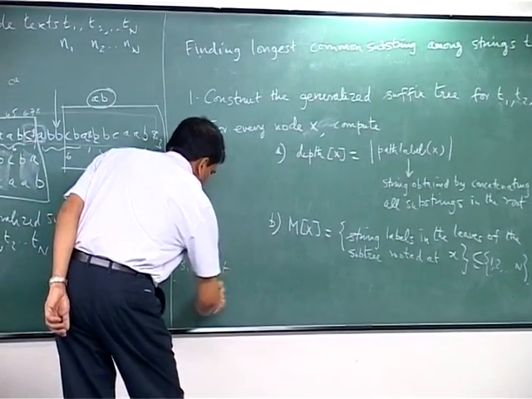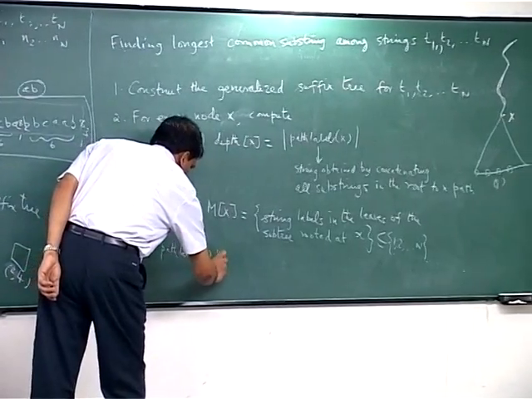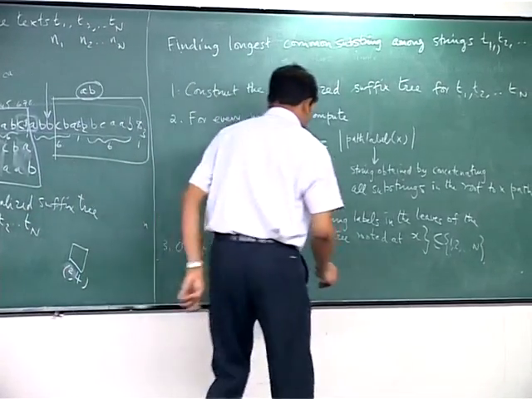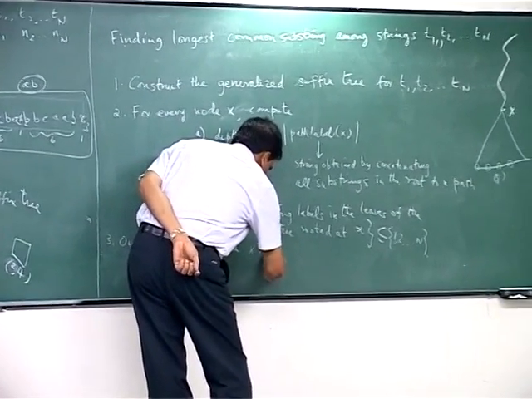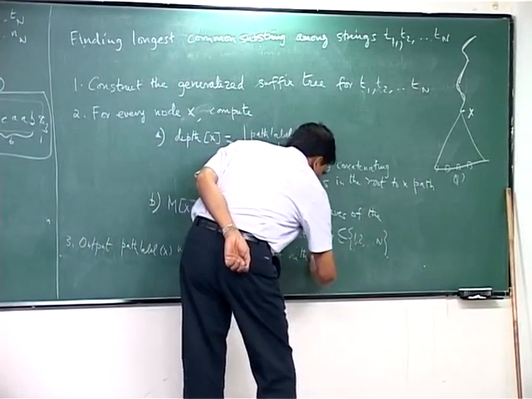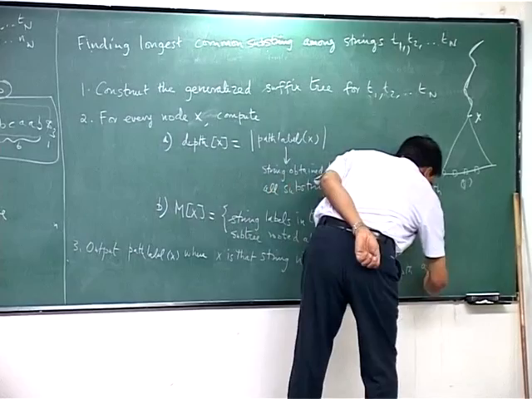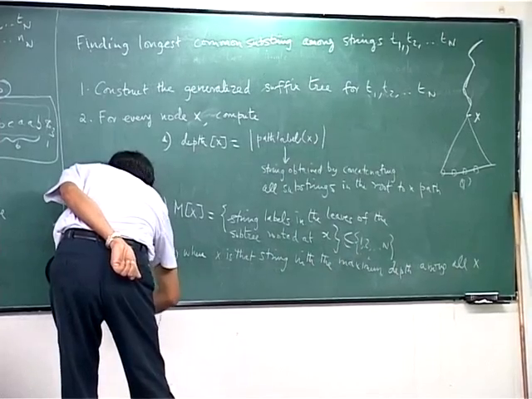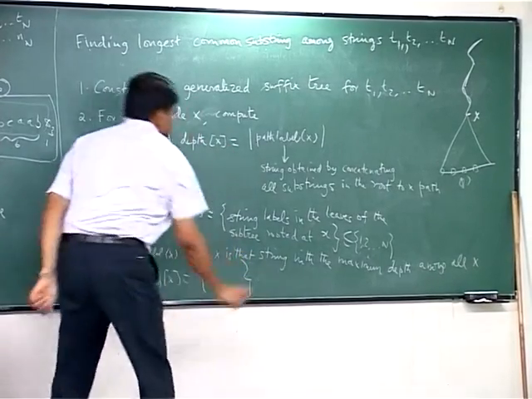Output the path label of x, where x is the node with the maximum depth among all x for which m of x is equal to what?